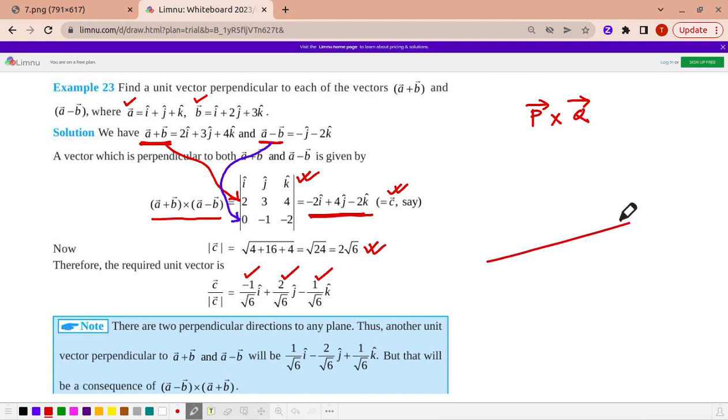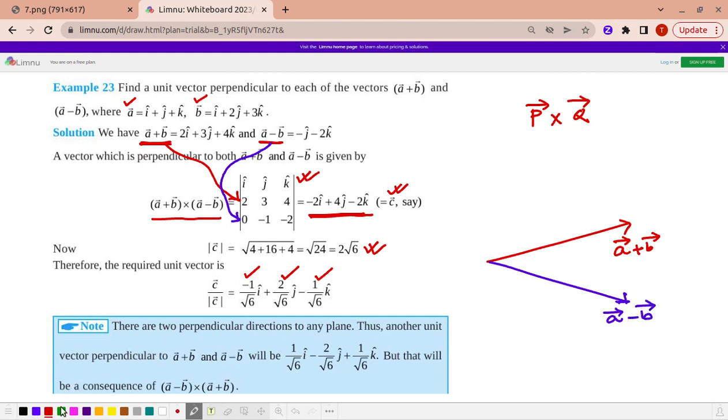And suppose this is the vector a minus b.